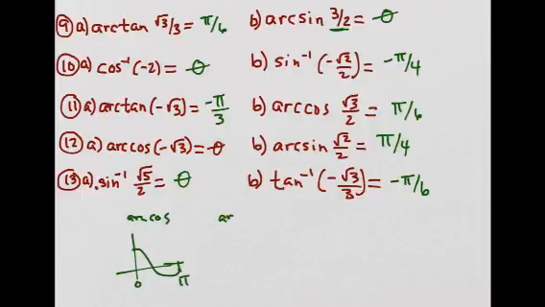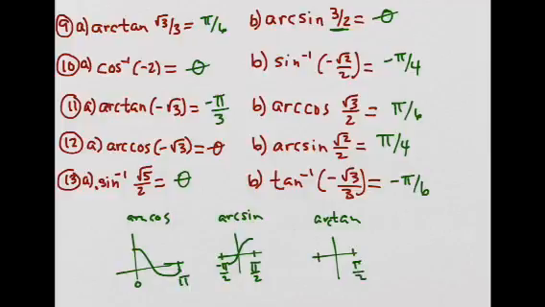For arc sine, it has to be between negative pi over 2 and pi over 2. And for arc tangent, it has to be between pi over 2 and negative pi over 2.